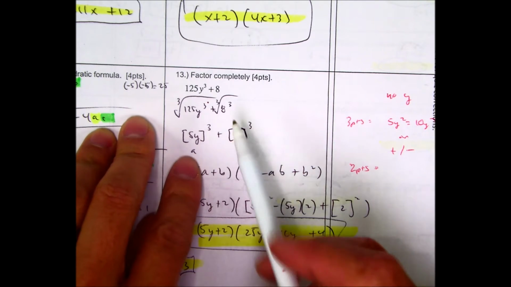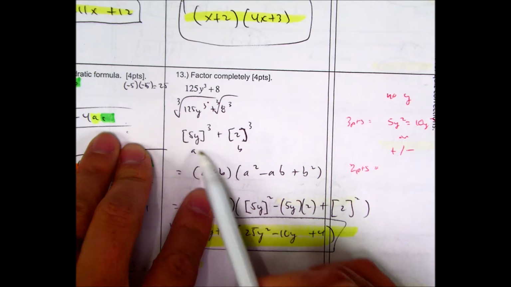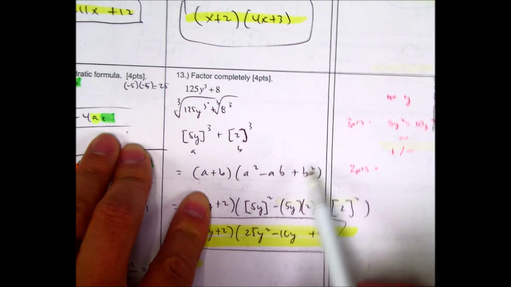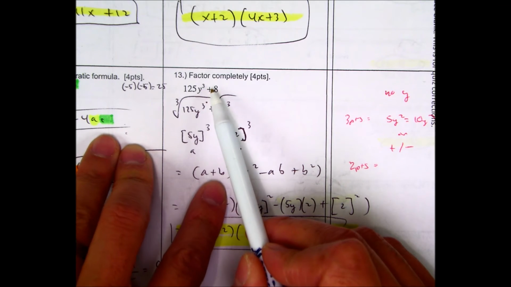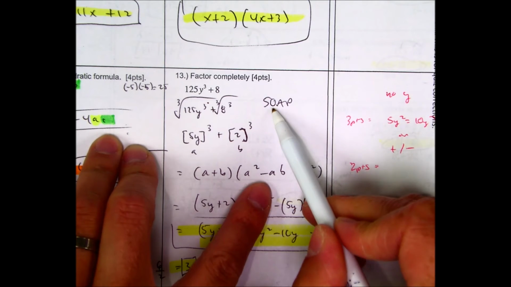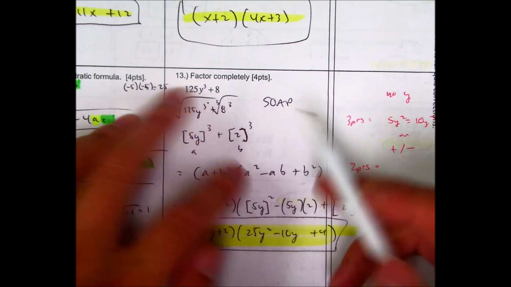A common mistake is to just write 5. Here's my formula: a plus b times a squared minus ab plus b squared. Remember, this starts with a plus sign, so same, that's SOAP. Opposite, always positive. Opposite of what they have here.